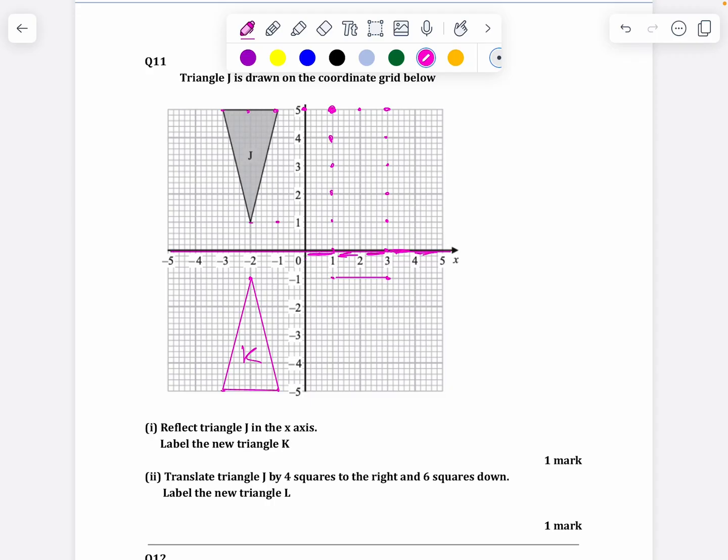So it starts from here. 1, 2, 3, 4 squares to the right, and then 1, 2, 3, 4, 5, 6 squares down. So that's where your new corner is, and that is L.